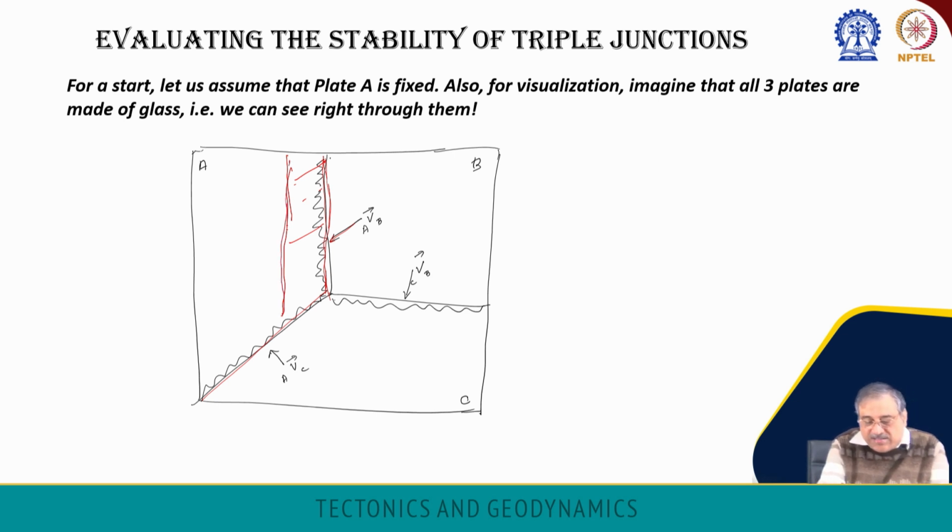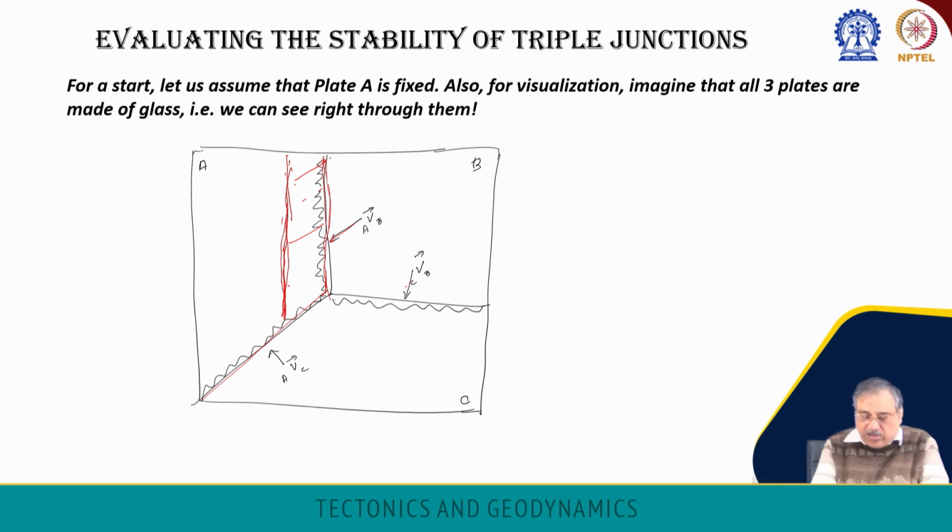You can't actually see this line because it's below plate A. But since I've said plate A is made of glass, we can see the frontal edge of particles of where plate B is now. The particles that made up this edge have moved to these positions. So we know that they are out here now.